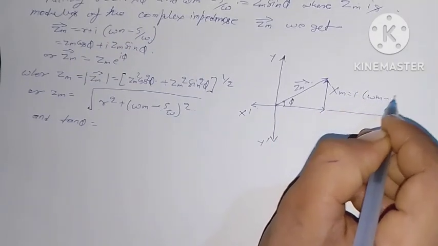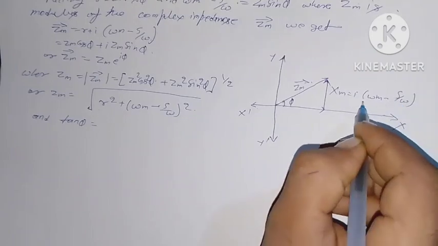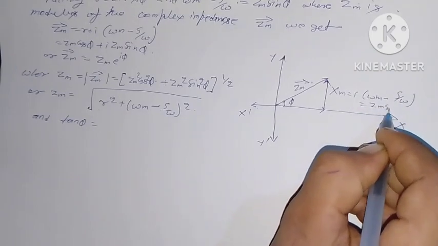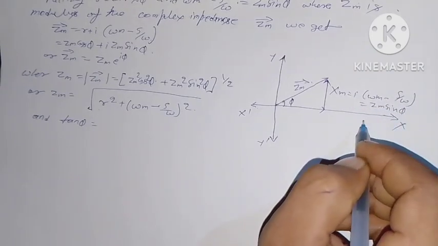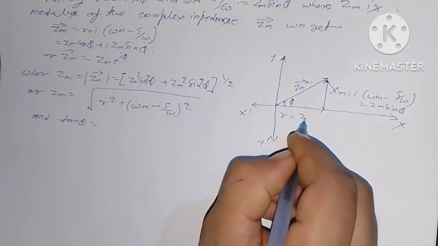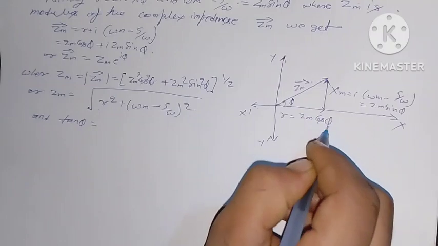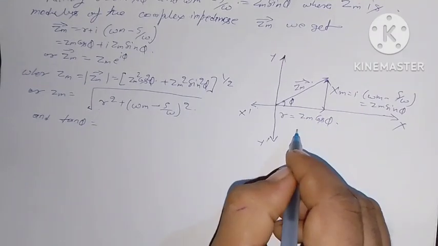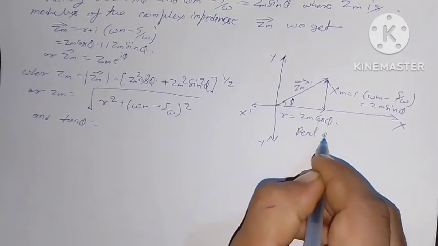Then Xm equal to omega m minus s by omega equal to Zm sin phi, and r equal to Zm cos phi.